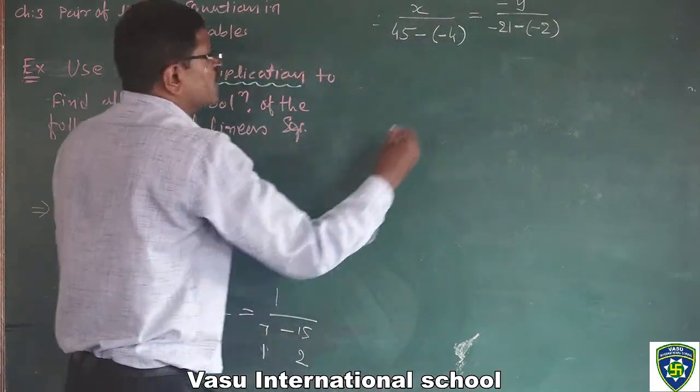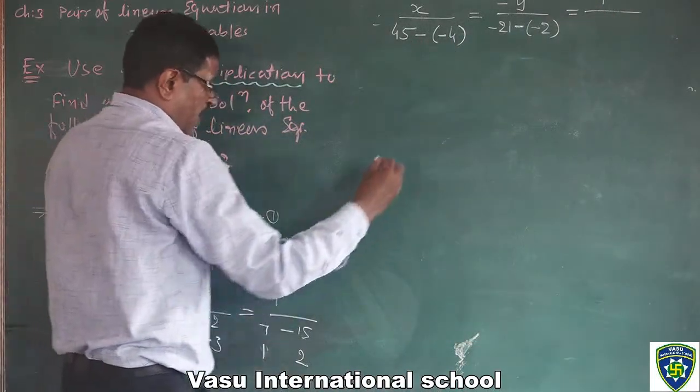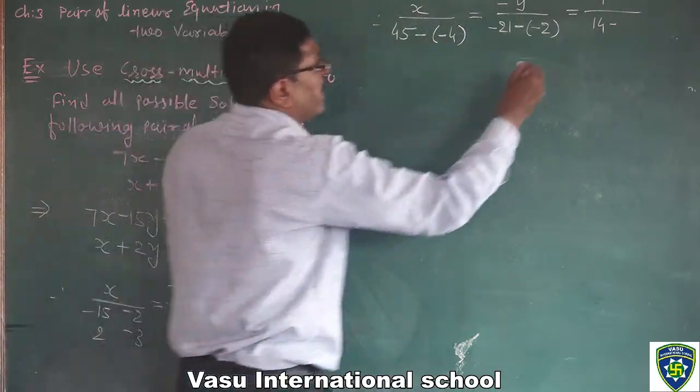Clear? Is equal to 1 upon 7 times 2 is 14, minus 15 times 1, minus 15.